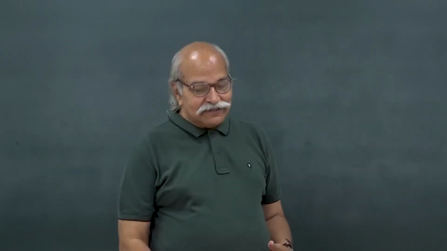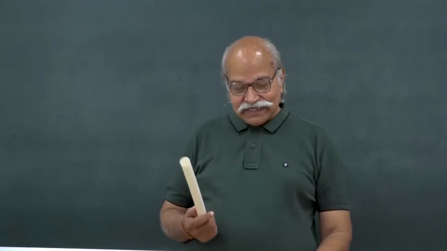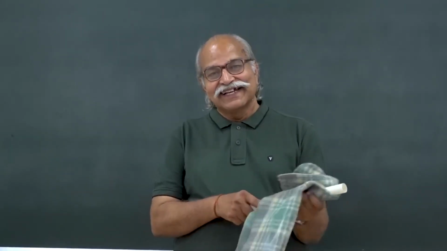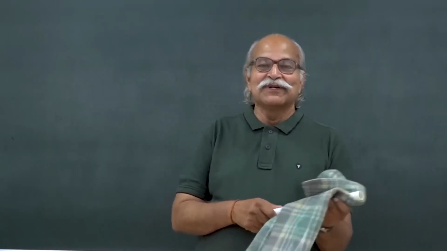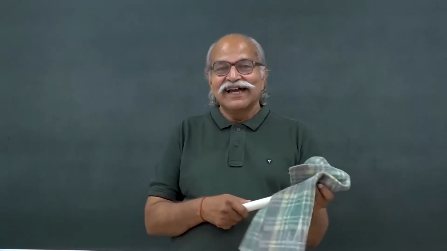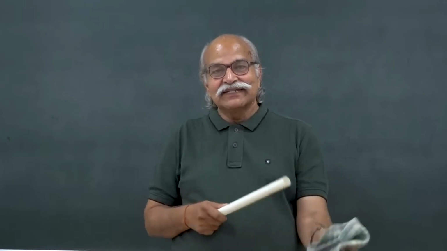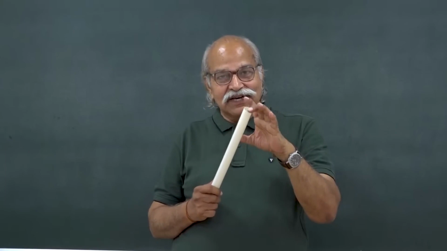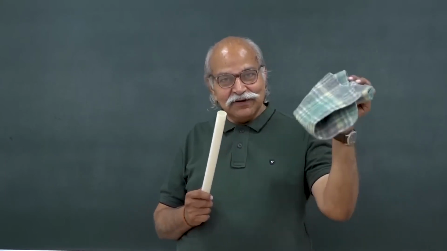So, for example, if I take this pipe and rub it on a cloth, you all know what happens. There is some electron transfer from one material to the other, and if you rub, then you get surface charge on this pipe. Also you have charges on the cloth.